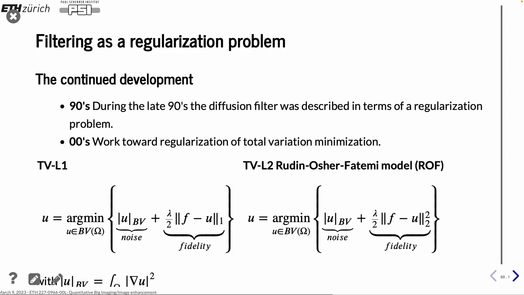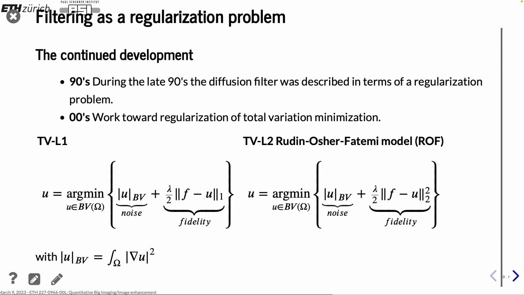Now, during the early 2000s, and also during the late 90s, regularization became a big topic within image processing. But the idea is that we want to do some regularization between the noise in the image and some fidelity term. And with that, we can improve the image quality quite a lot.